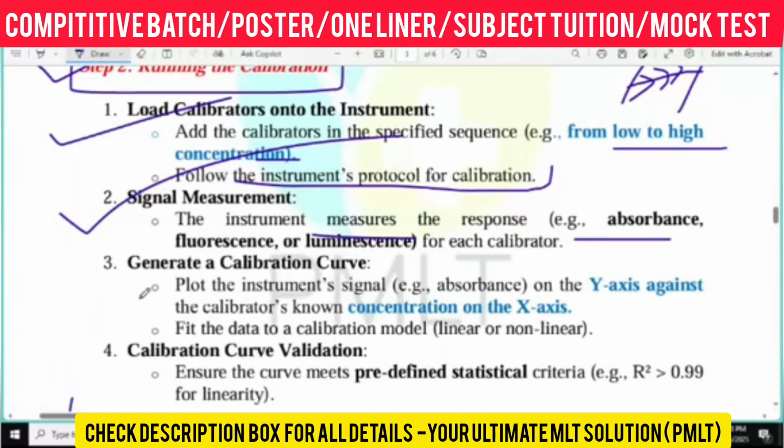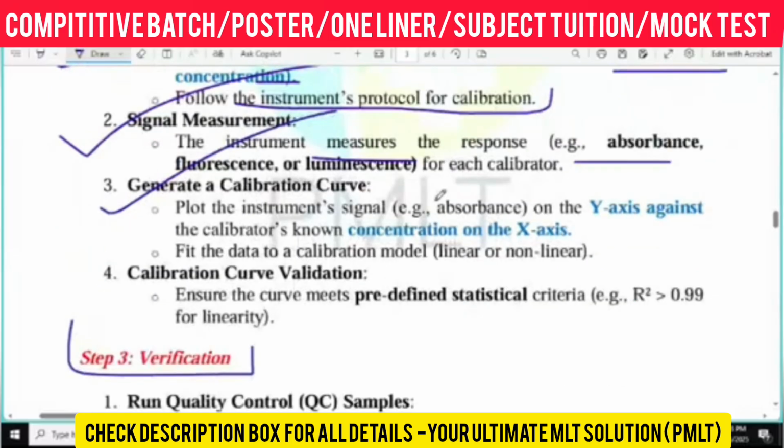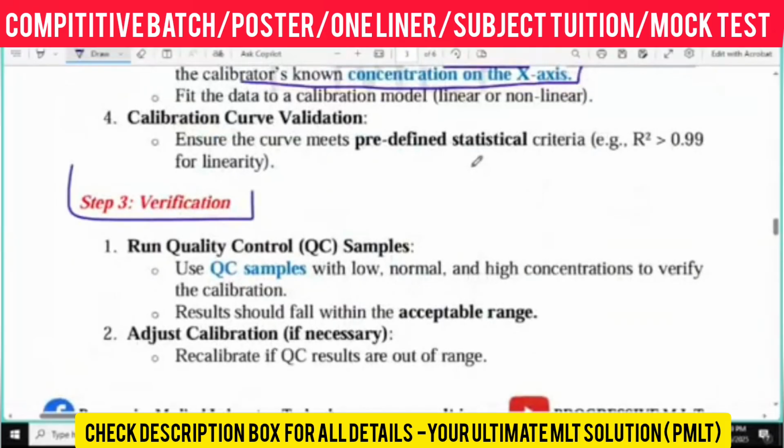After that, generate the calibration curve. Plot the instrument signal or absorbance on the y-axis against the calibrator's known concentration on the x-axis. Don't worry, I will explain the whole thing.